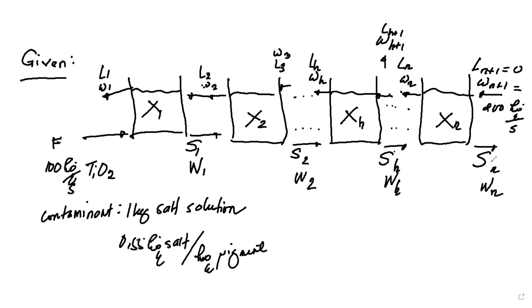The solid will undergo drying after the last washing, and this will be 99.9% titanium dioxide, meaning you have a 0.1% salt remaining in the underflow of your last thickener. It's understood that after drying, all your water will be evaporated. Okay, now what else? So this is our set of given information for this problem. I think everything is in here.